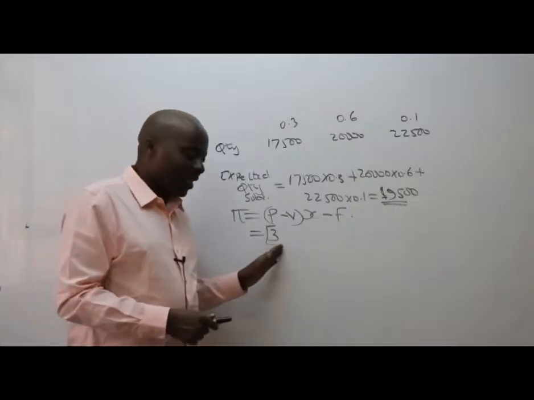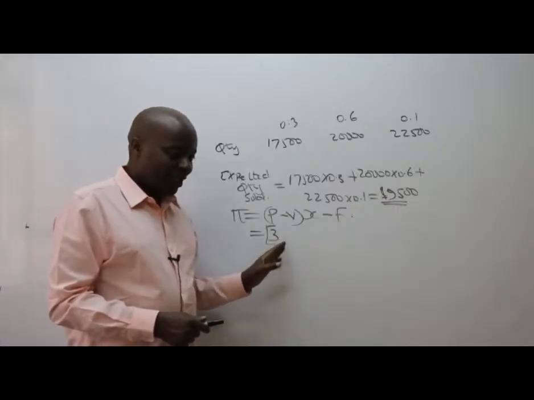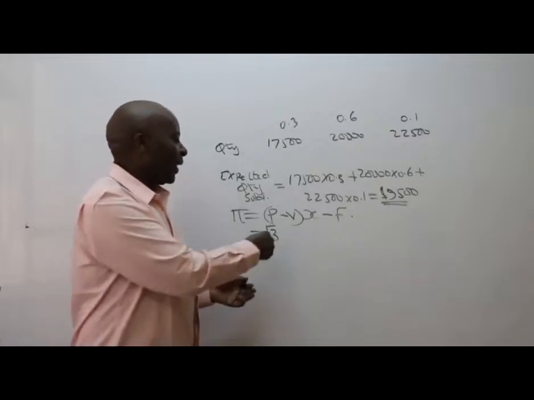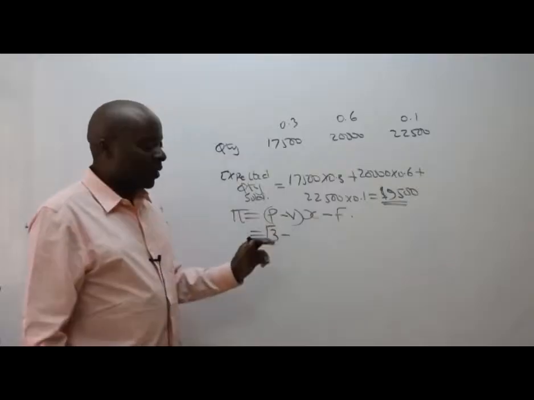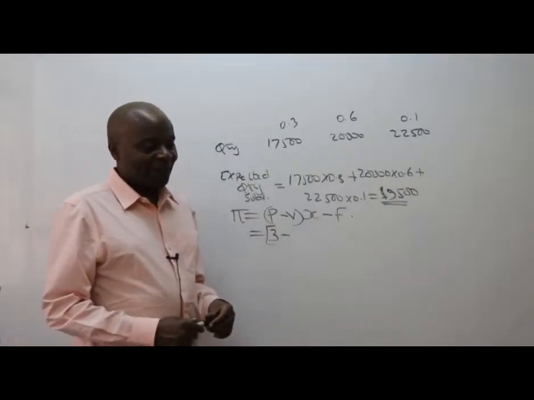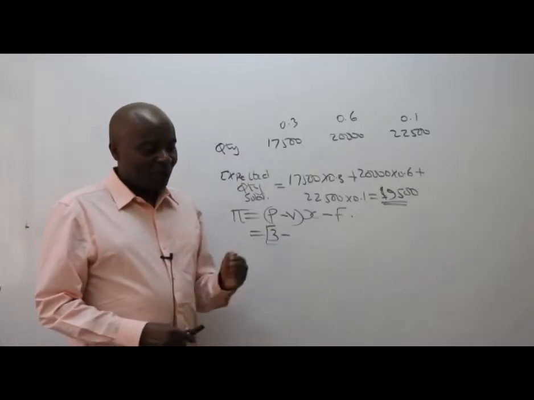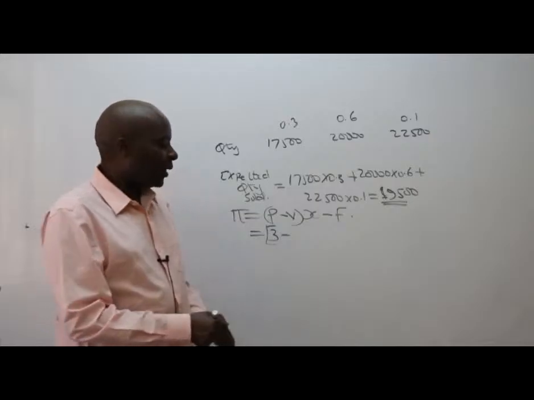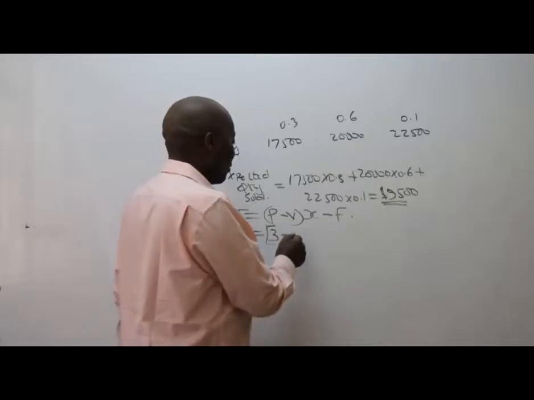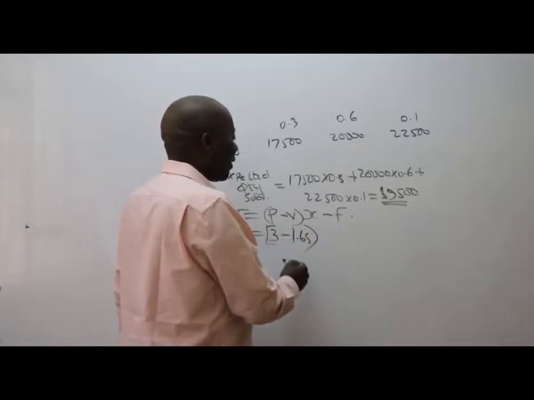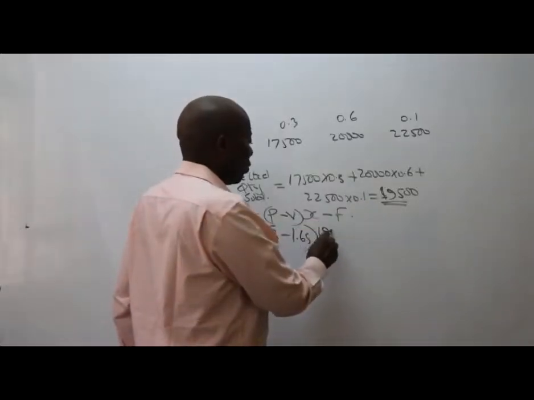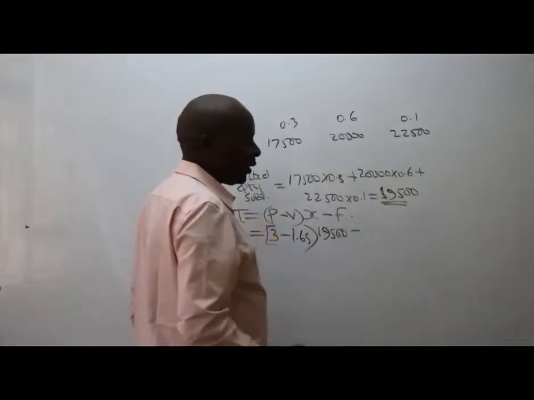Are we together up to here? Is the selling price 3? Minus variable cost. Remember our variable cost per unit? 1.65, multiplied by the expected number of units here, which are 19,500, minus the firm's fixed cost.